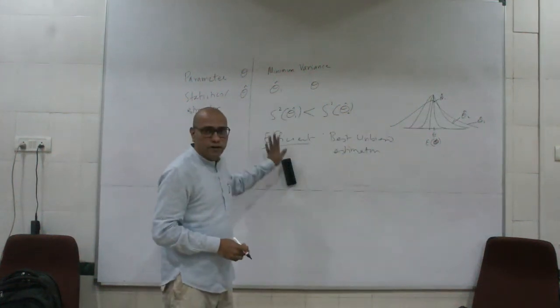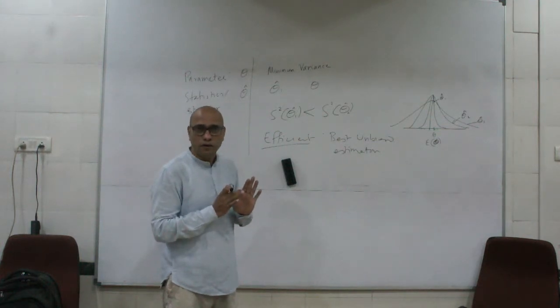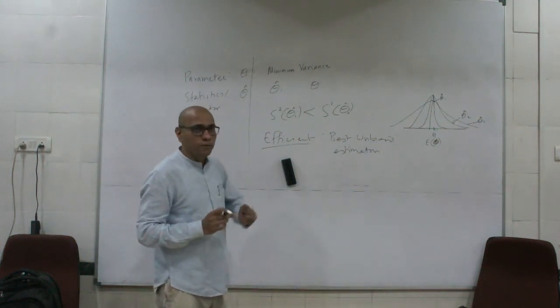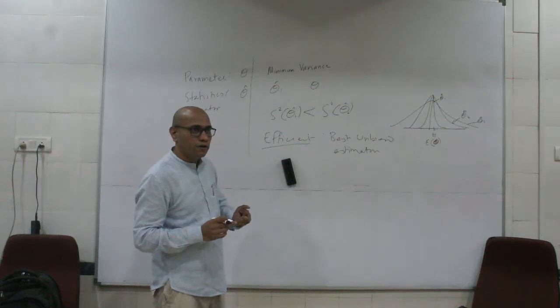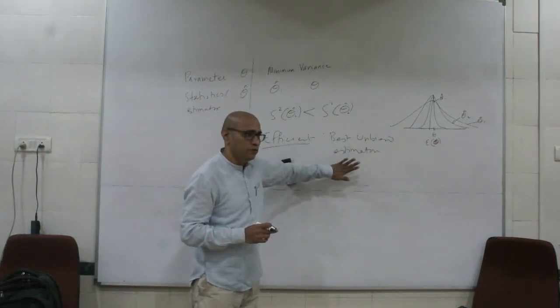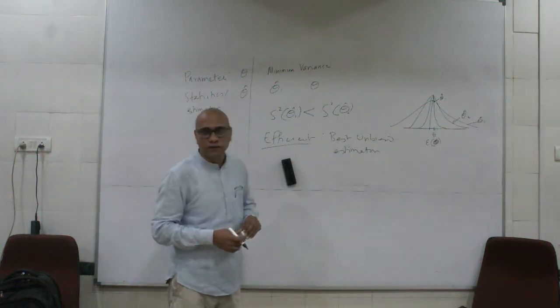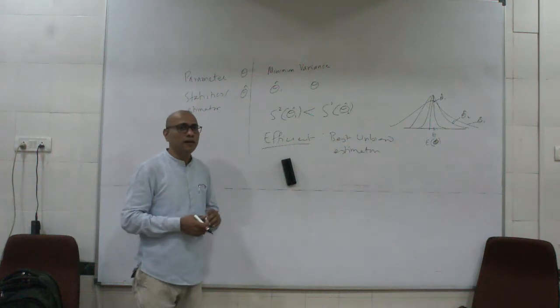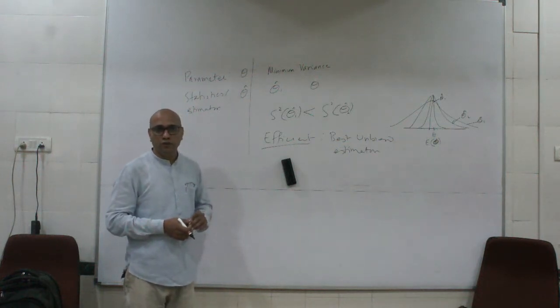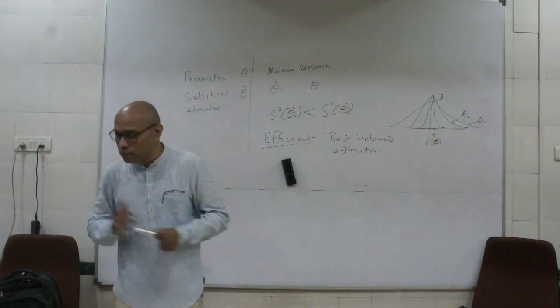An estimator that has minimum variance is called the best estimator. Among the unbiased estimators, those that have minimum variance would be called efficient estimators. So I am combining the first two properties, unbiasedness and minimum variance.